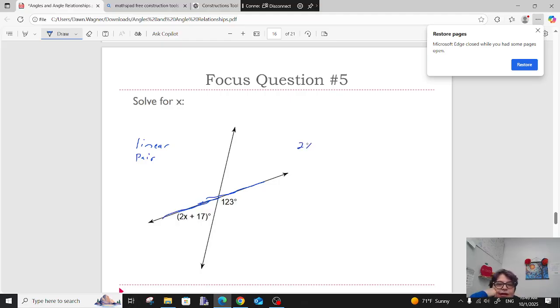So 2x plus 17 plus 123 has to equal 180. So then we have 2x plus, what's 123 plus 17? 140 is equal to 180.